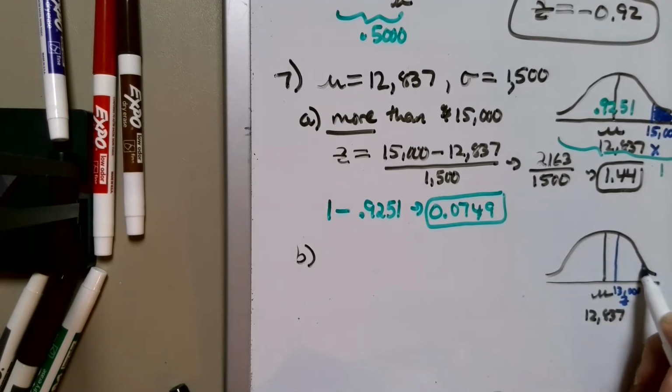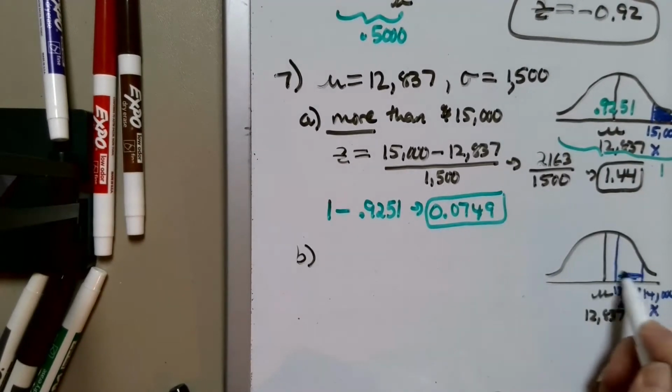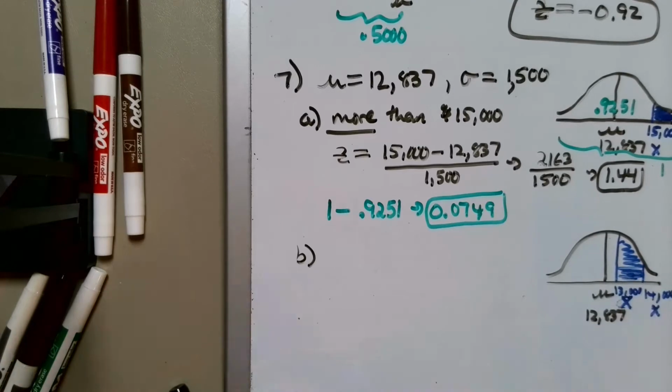And 14,000 is also more, so that's to the right of the mean. Sorry, x. And we want to shade between because the problem said between.